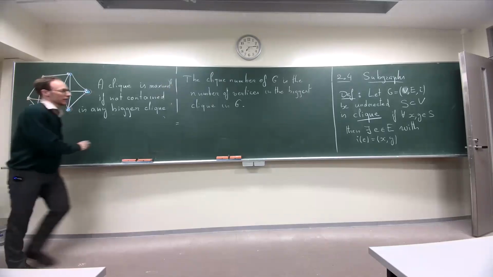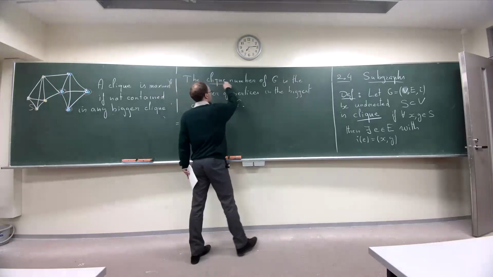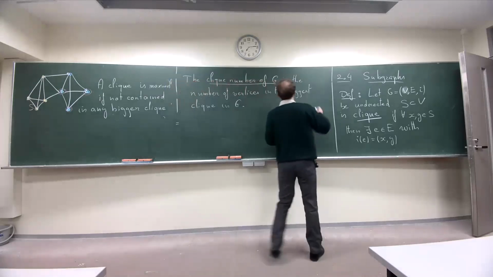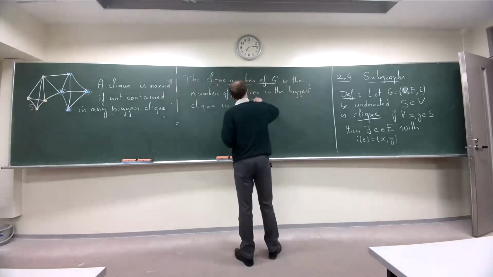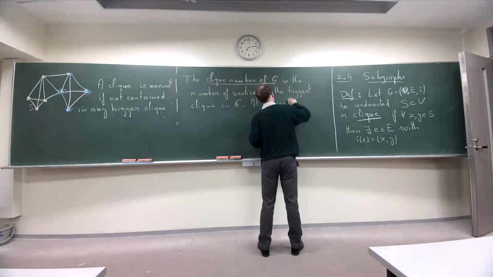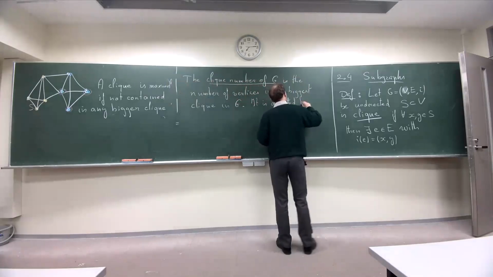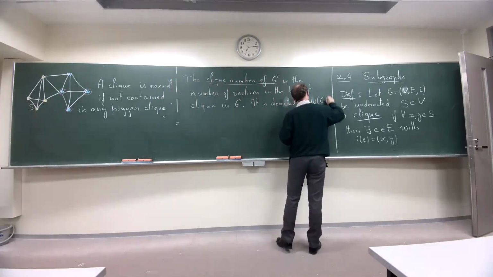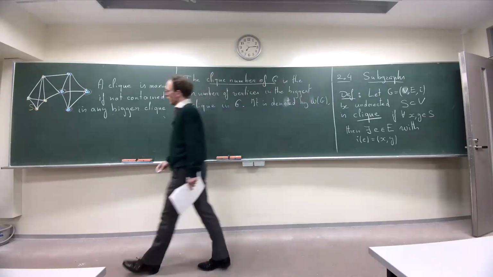But the clique number is unique, and it's denoted by ω of G. Why is it interesting?